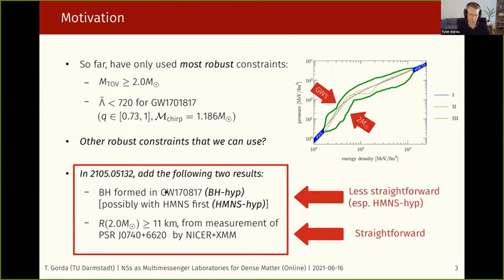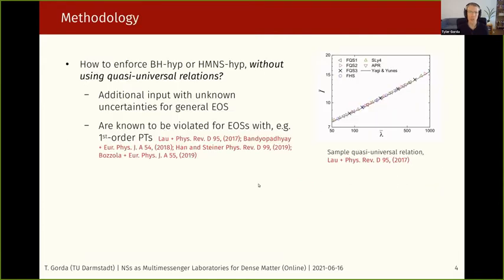But this other multi-messenger constraint coming from the fact that we saw an electromagnetic counterpart is a little bit less straightforward, and I'll walk through the way that we actually implement it, because in particular we don't want to use quasi-universal relations in our analysis. One, because that's already been done in the literature, but more importantly, these are known to be violated for equations of state with first order phase transitions.